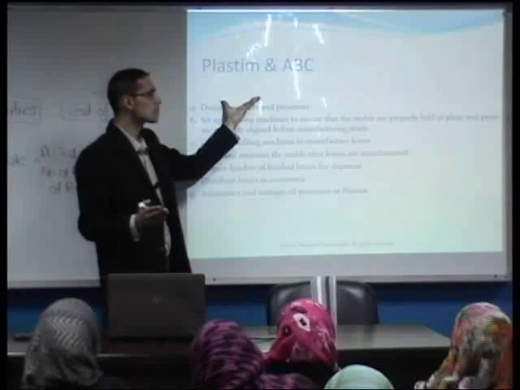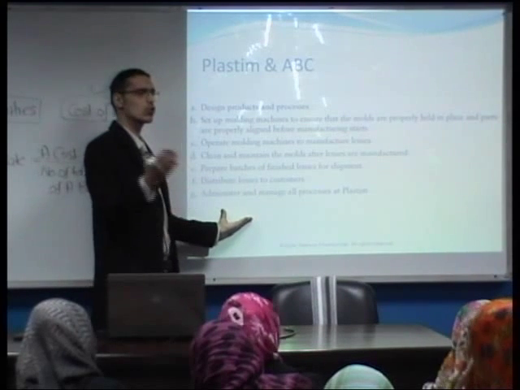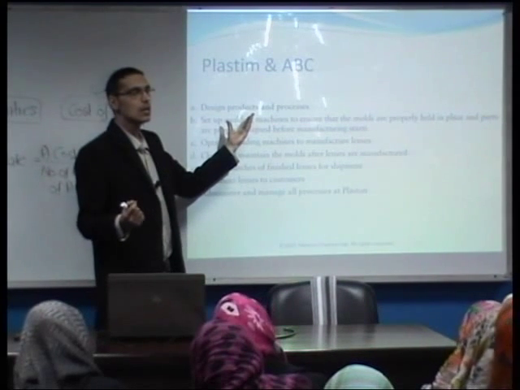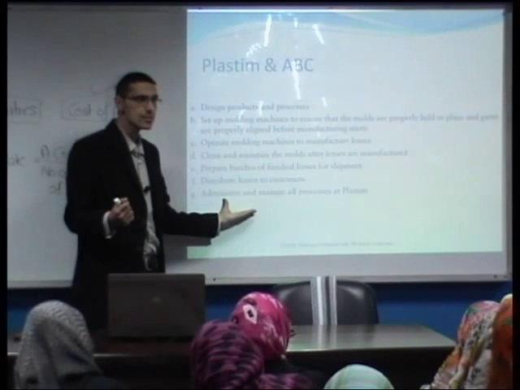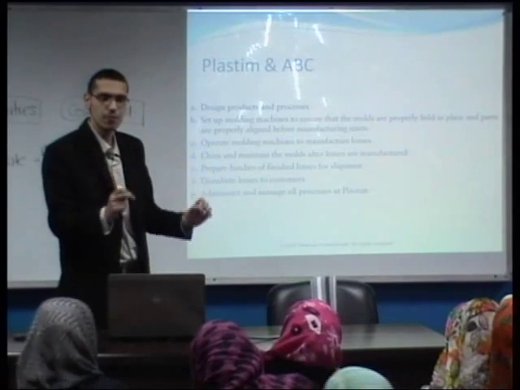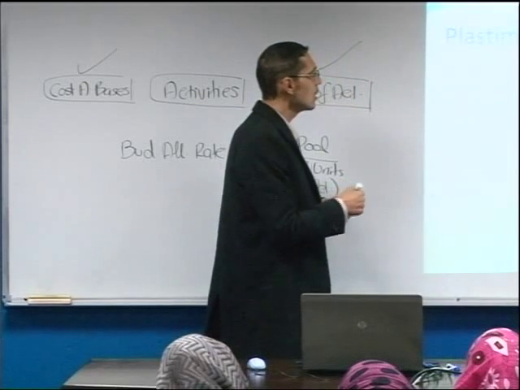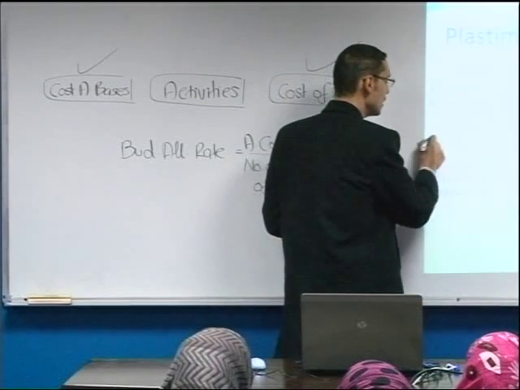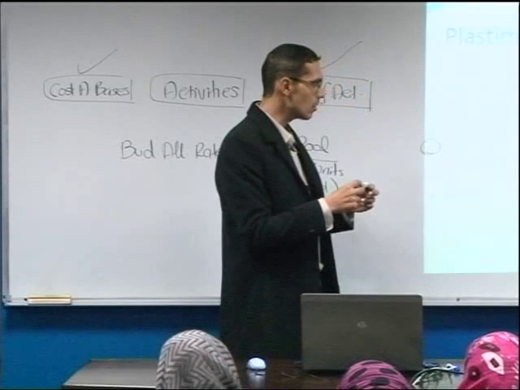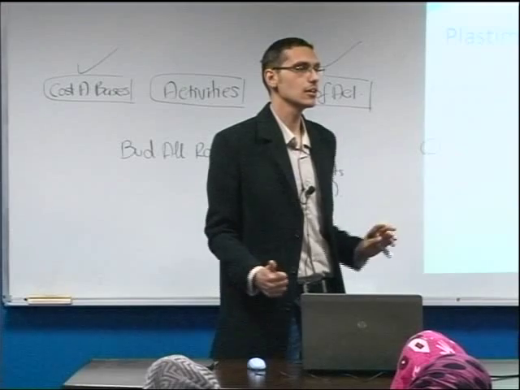After the team of managers, cost accountants and management accountants came up with this list of different activities, they started the steps of refining the costing system. They found out that activity D, which is cleaning and maintaining the molds after lenses are manufactured, could be traced in a cost-effective way to the specific products, the CL5 and the S3.